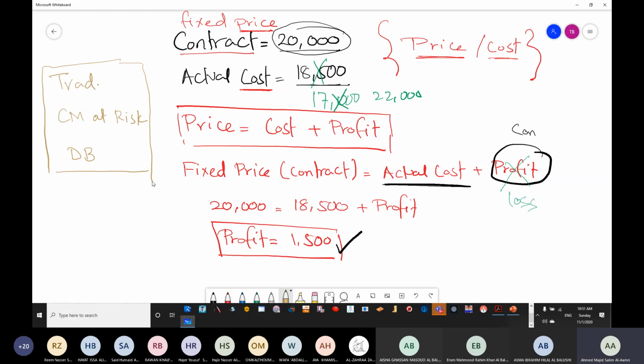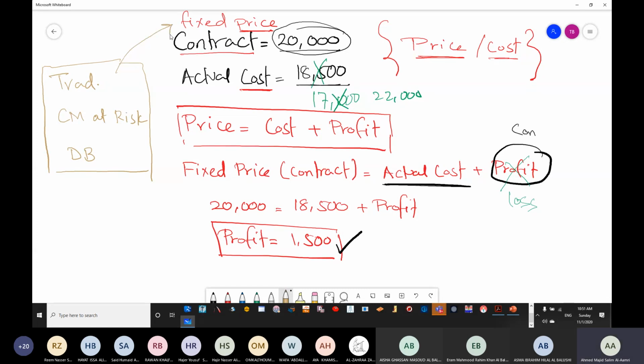In which method can you estimate the prices from the beginning? In which method is it typical and not complicated, so I can quantify and put a value from the beginning? It's going to be traditional. So if I ask you in the exams which method is used normally for a traditional contract, then the correct answer should be fixed price.